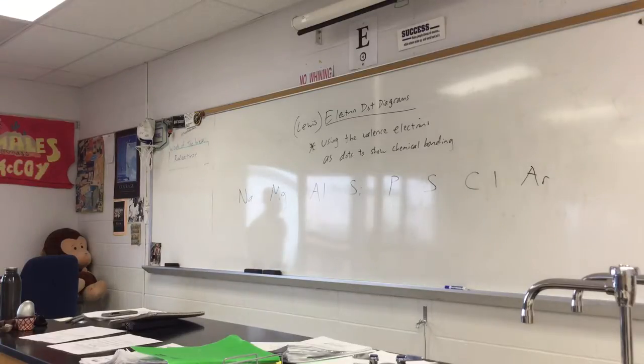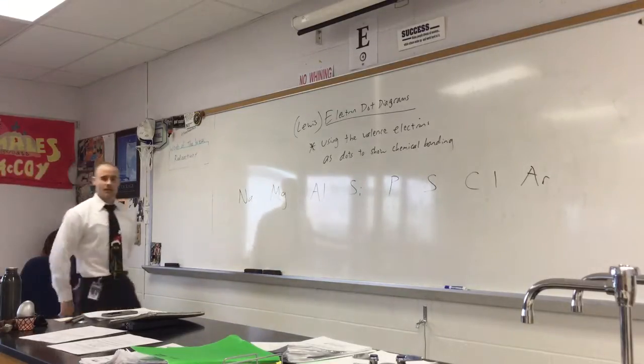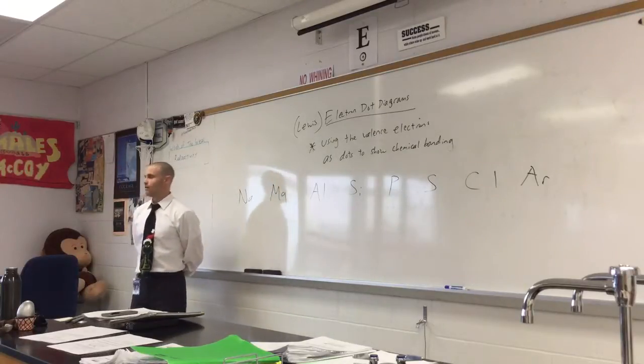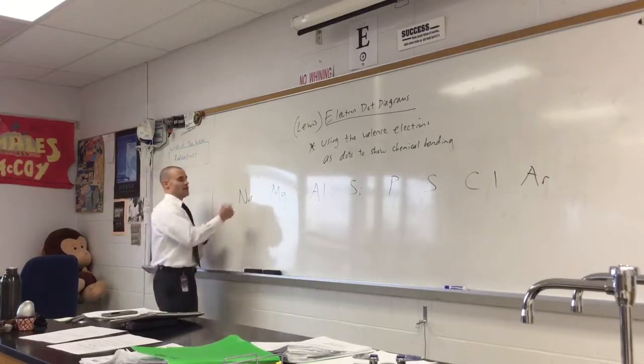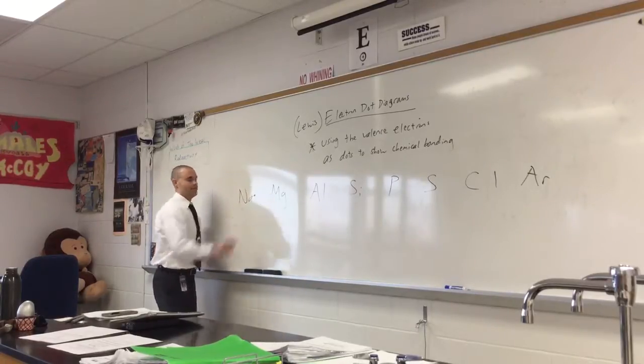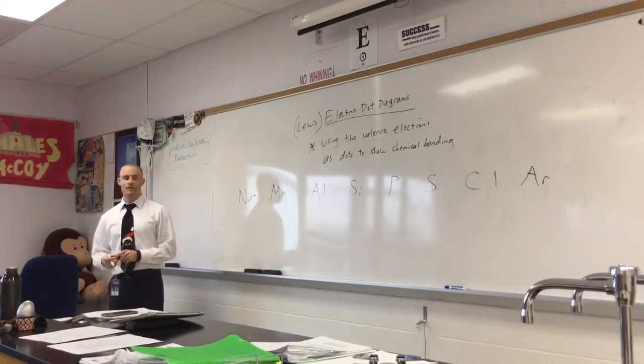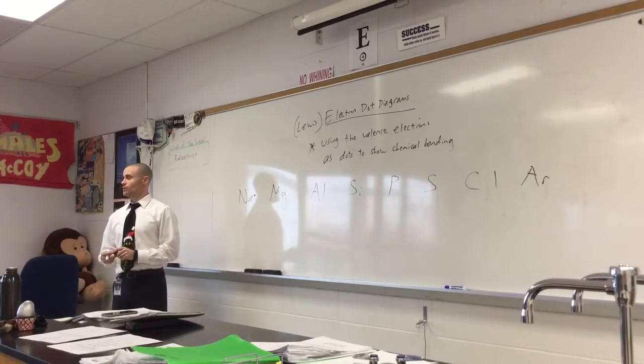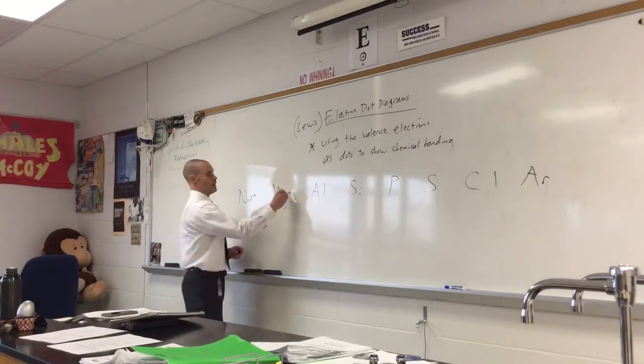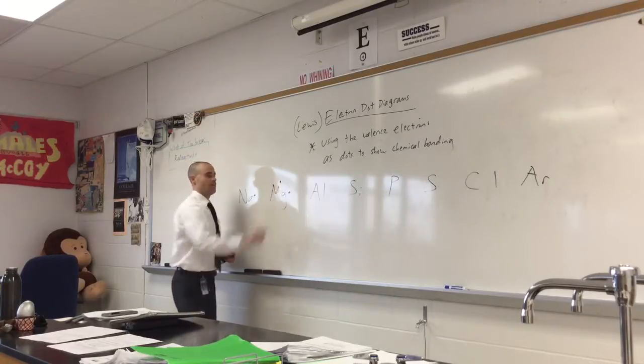How many valence electrons does Na have? I'll give you a hint: group 1. So it gets 1 dot right here. How many valence electrons does Mg have? Group 2. 1 here and 1 there.